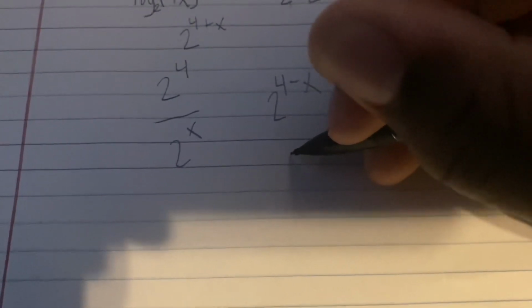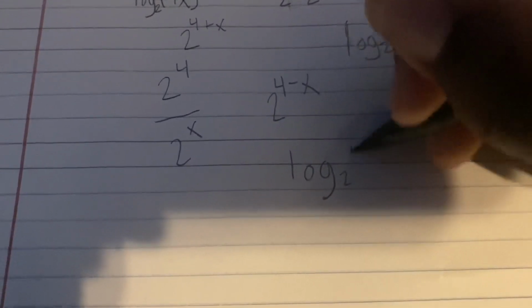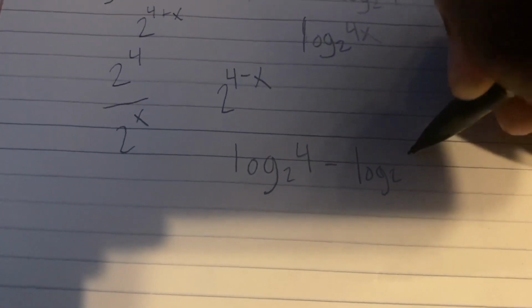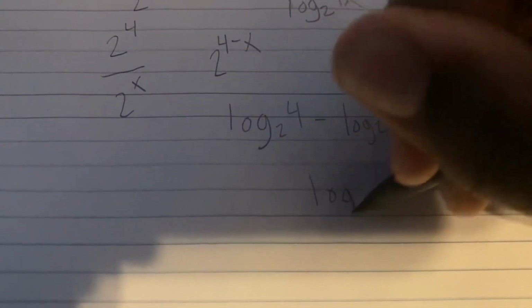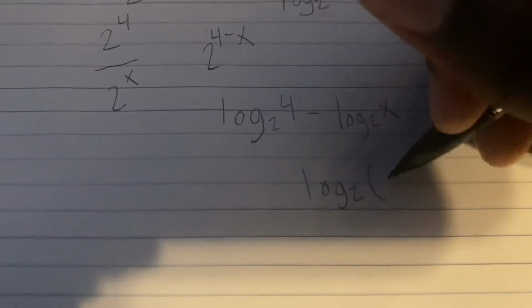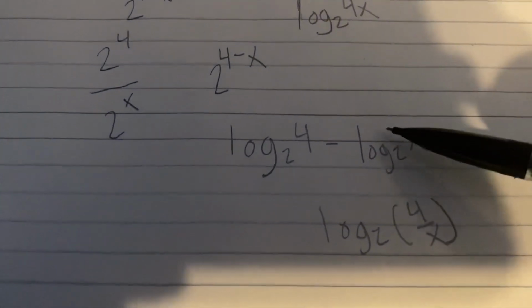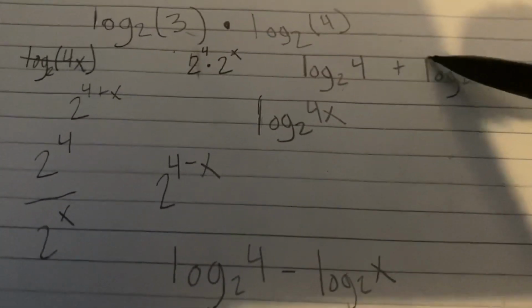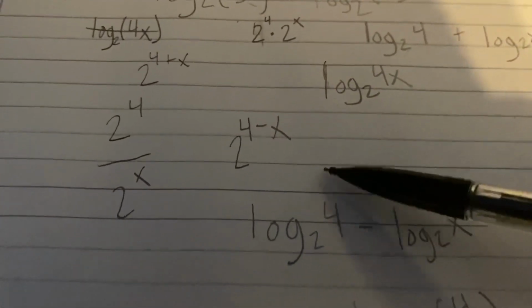But with logarithms, this right here is the same thing as saying this. So in this, subtraction turns into division, and addition turns into multiplication, and the exponent is the opposite. So it's just logarithms, just the opposite.